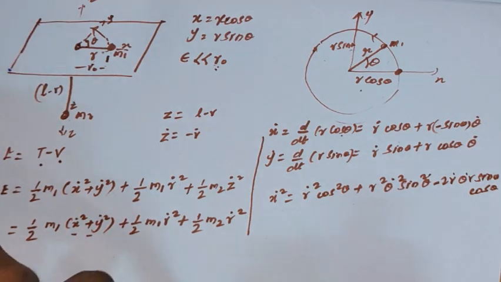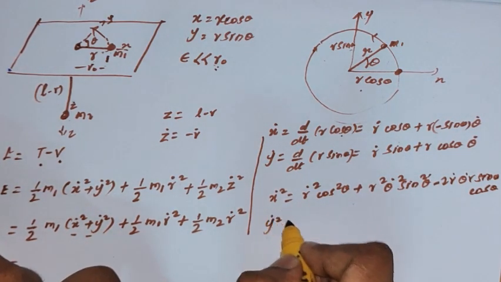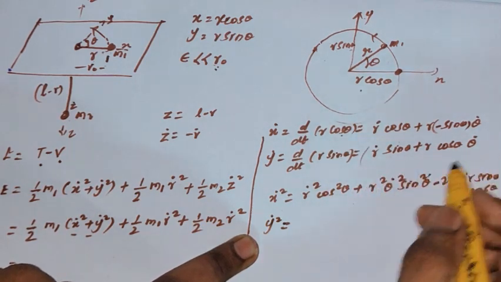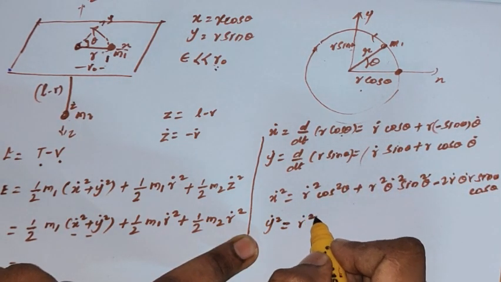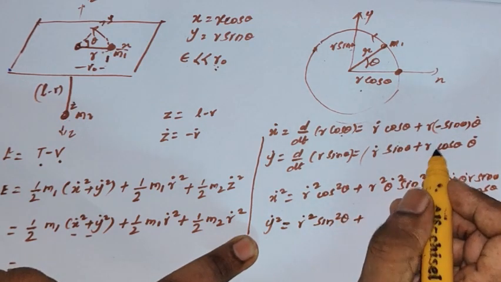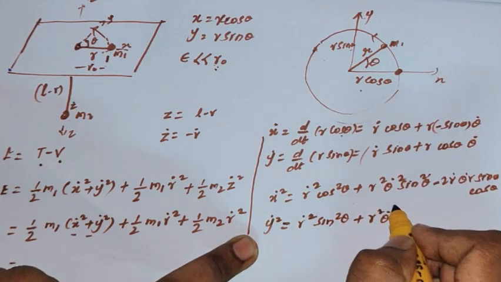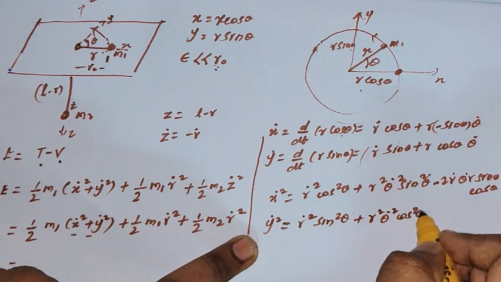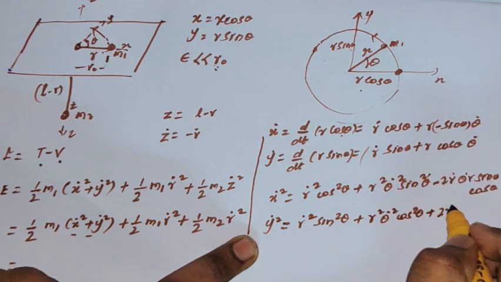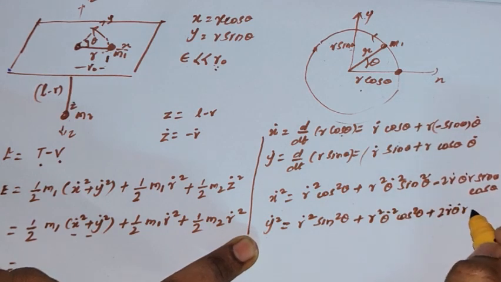This is x dot square. Taking the square of y dot, r dot square sin square theta plus r square theta dot square cos square theta plus 2ab, because the sign is plus, so 2 r dot theta dot r sin theta cos theta.